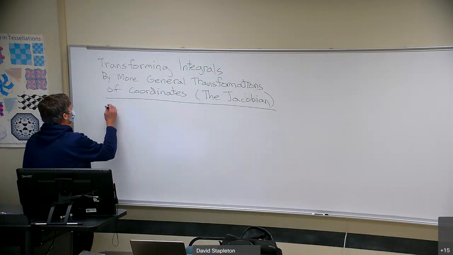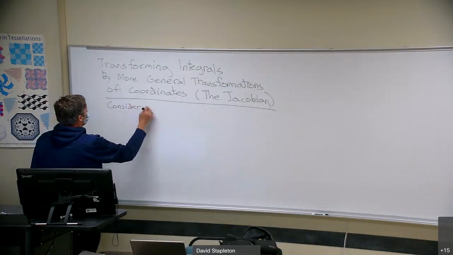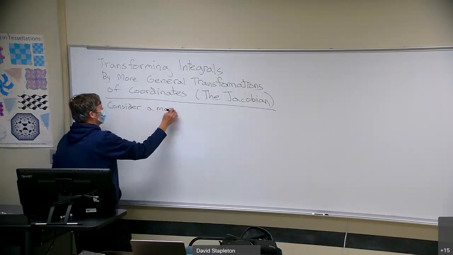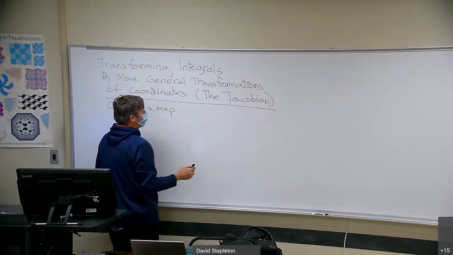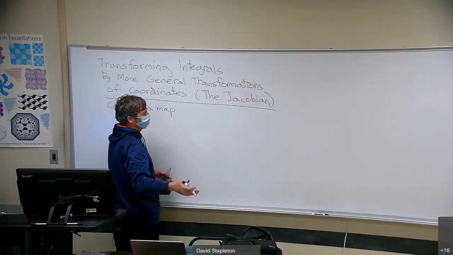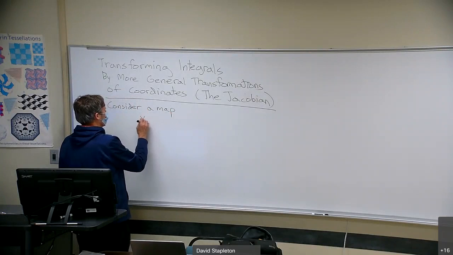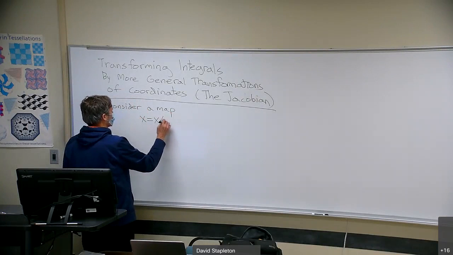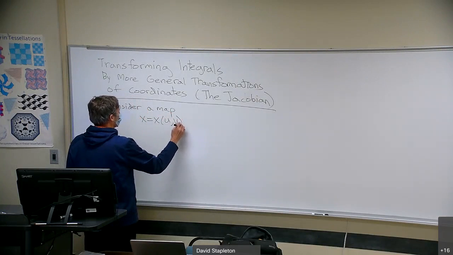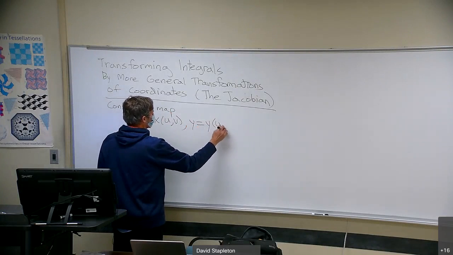So suppose we have this. Consider a map that is a function. Right, a function is a rule to each input in a given set called the domain, assigns exactly one output. We can make a map like this. Let x be some function x of u,v, and y be a function of u and v.